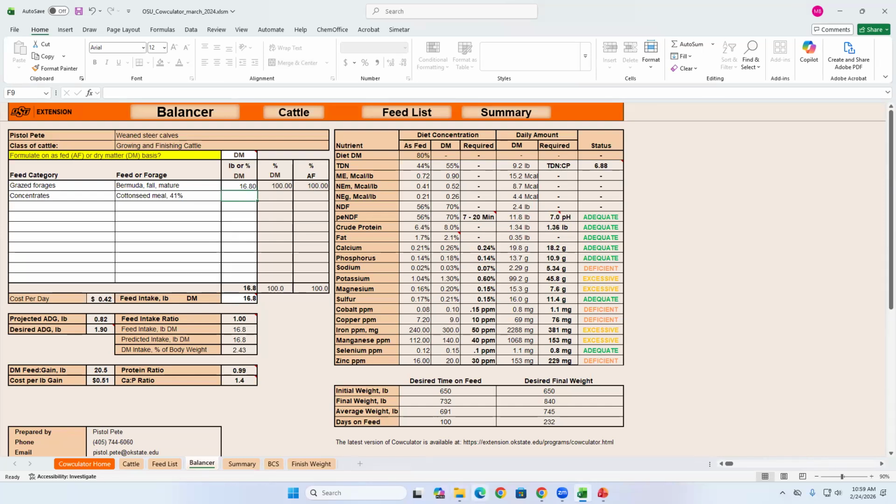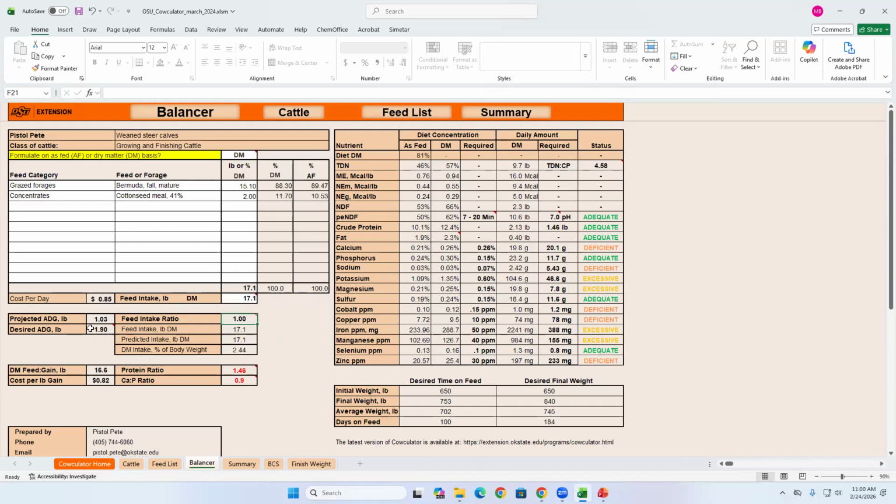What did I say? 2 pounds a day. Okay. So this matches predicted intake.